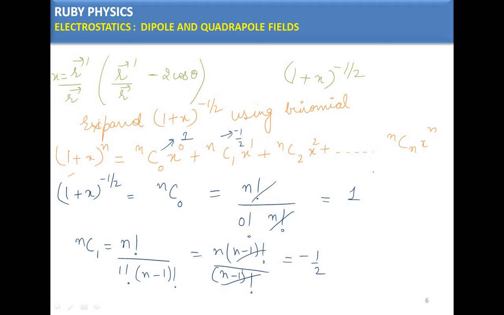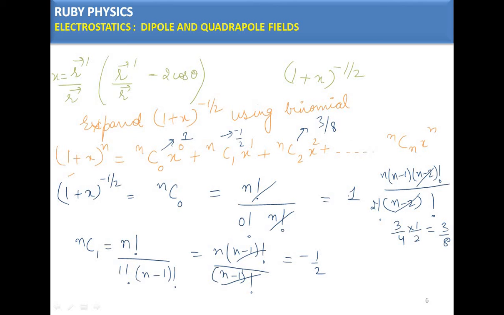And if we find NC2, NC2 will be n into n minus 1 into n minus 2 factorial divided by n minus 2 factorial, and 2 factorial will also come, so it will cancel out. n into n minus 1 will be minus half into minus half minus 1, which is minus 3 by 2 multiplied by minus 1 by 2, that is 3 by 4. 3 by 4 divided by 2 will be 3 by 8, so this comes out to be 3 by 8.